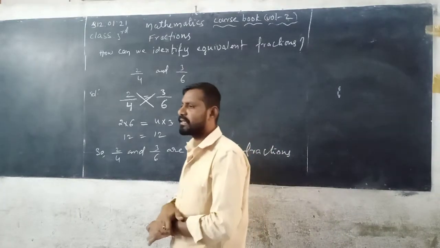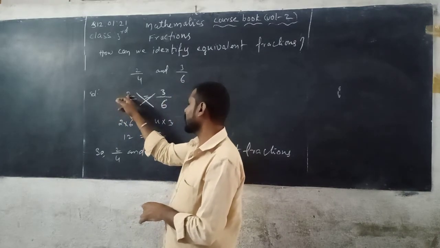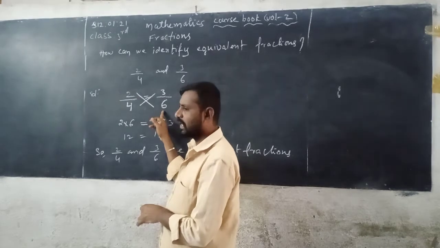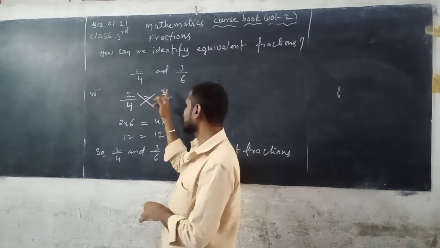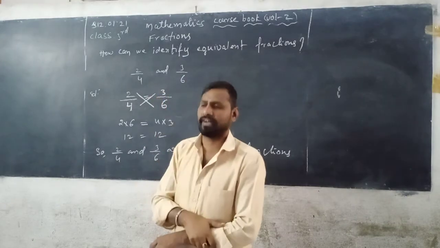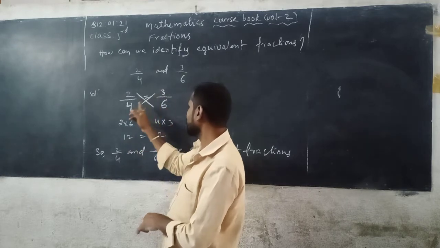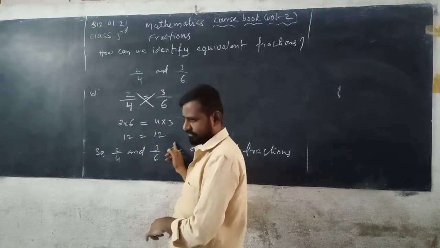By taking cross multiplication, the product of the first fraction numerator and second fraction denominator, and the product of the first fraction denominator and second fraction numerator are equal. 2 6s are 12, 4 3s are 12. So 12 equals 12.